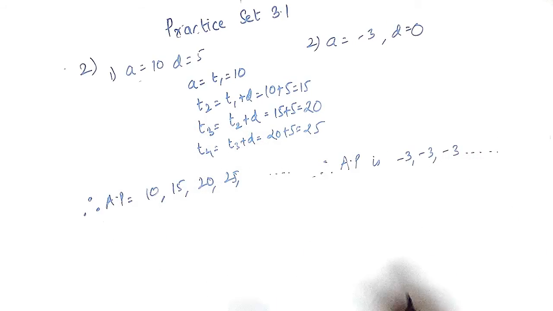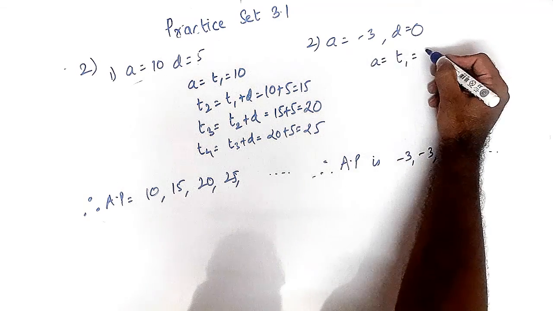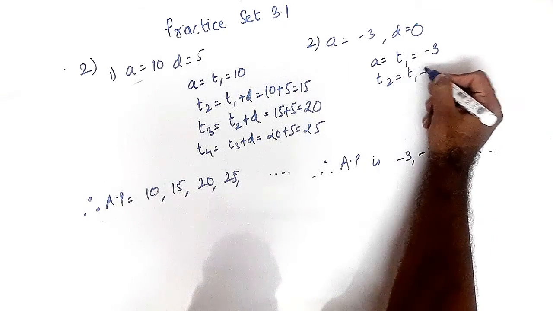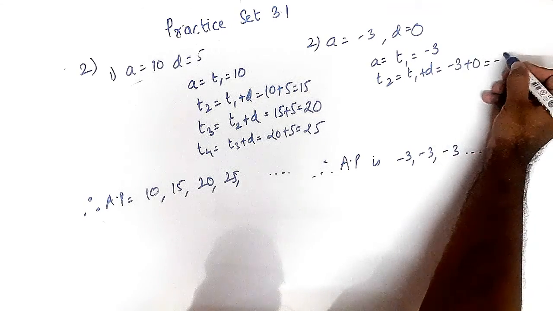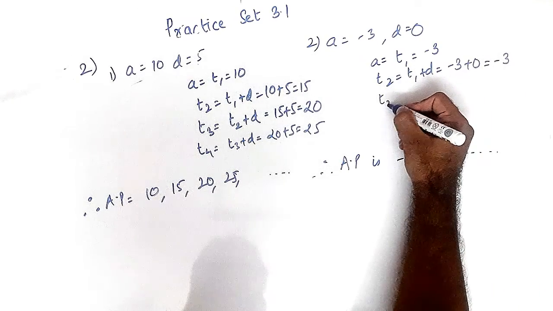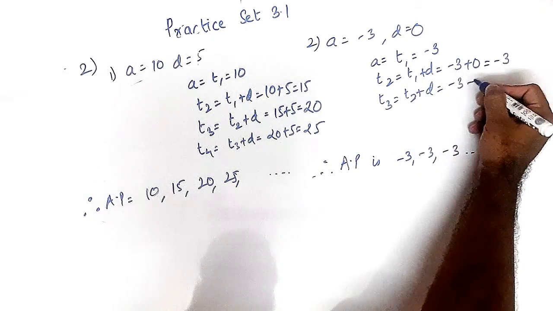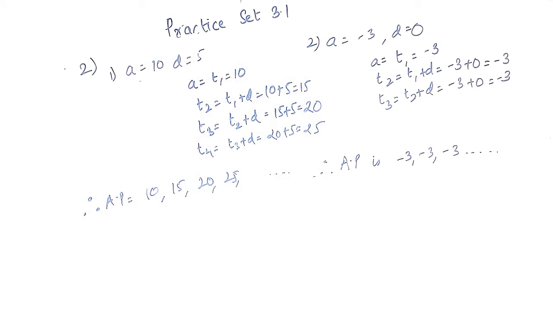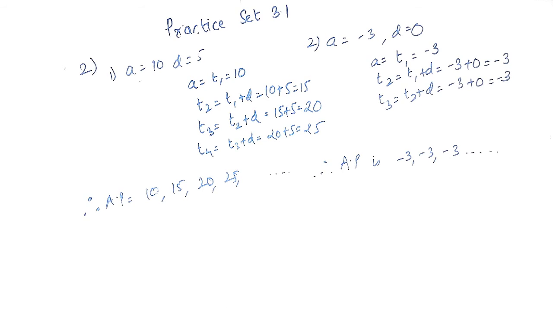Okay, writing the steps: A is equal to T1 equals minus 3, T2 equals T1 plus D is equal to minus 3 plus 0 equals minus 3. T3 is equal to T2 plus D is equal to minus 3 plus 0 equals minus 3. Okay, so see, this is minus 3, minus 3, minus 3.